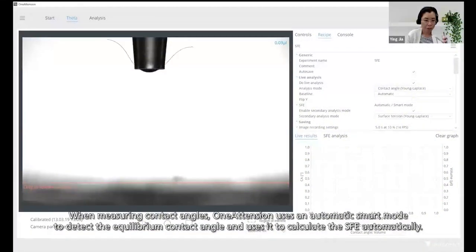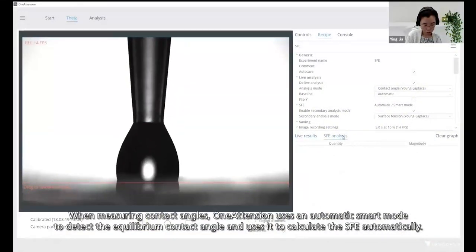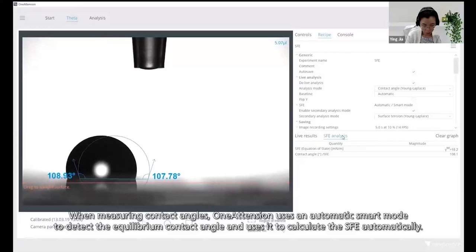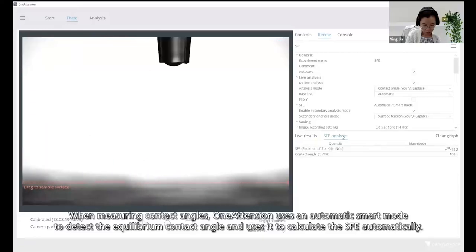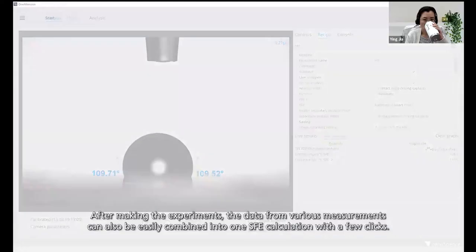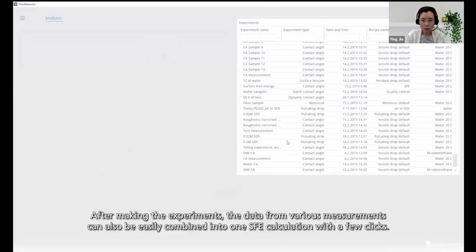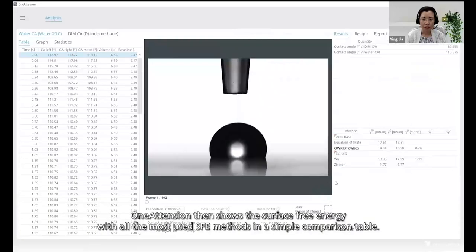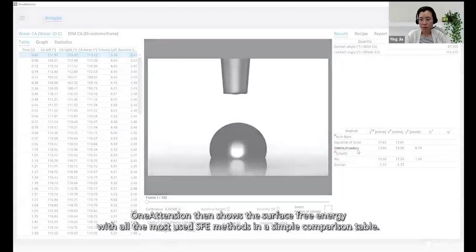When measuring contact angles, OneAttention uses an automatic smart mode to detect the equilibrium contact angle and uses it to calculate the SFE automatically. After making the experiments, the data from various measurements can also be easily combined into one SFE calculation with a few clicks. OneAttention then shows the surface free energy with all the most used SFE methods in a simple comparison table.